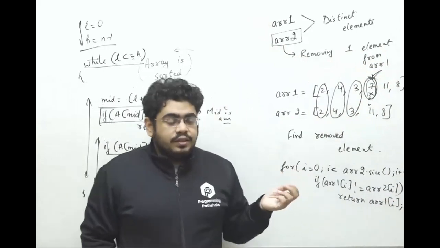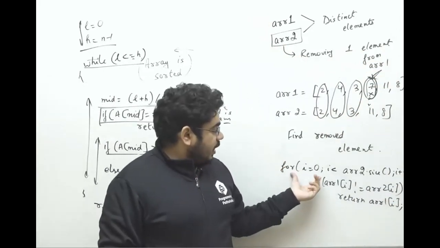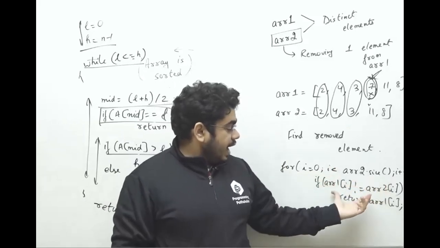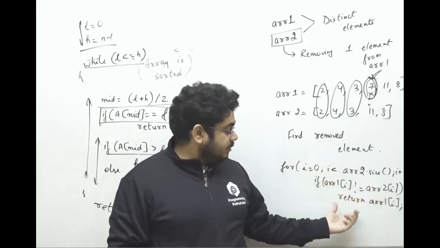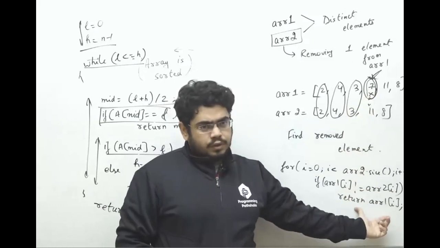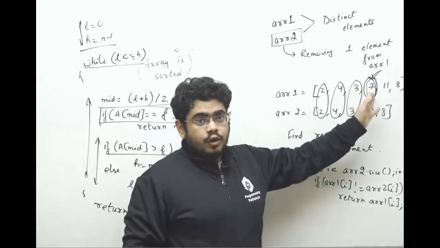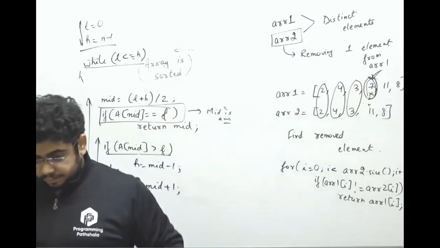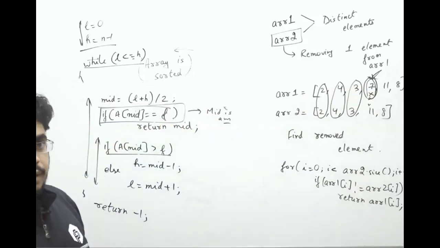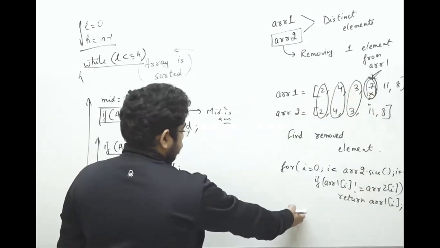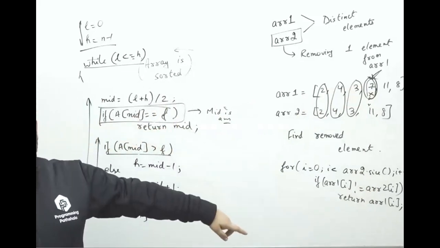So what I was saying is, what we can simply do is just iterate. As soon as there is a difference, that means that particular element was removed and I can return it. If complete array 2 is same, what does that mean? What will be the corner case?